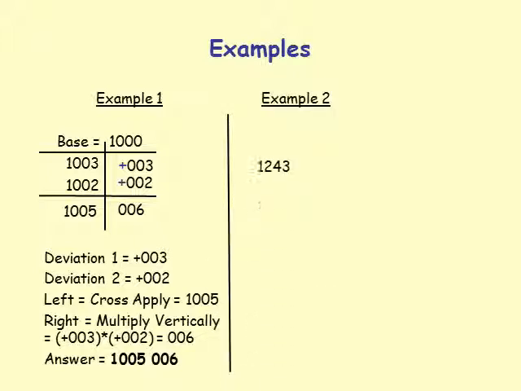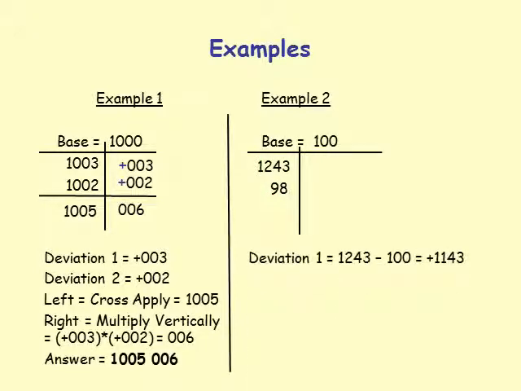Example 2: in this case, we will have 1243 times 98. 98 is very close to the base number of 100, and 1243 is way off. So we choose a base number of 100, the number that's close to 98.